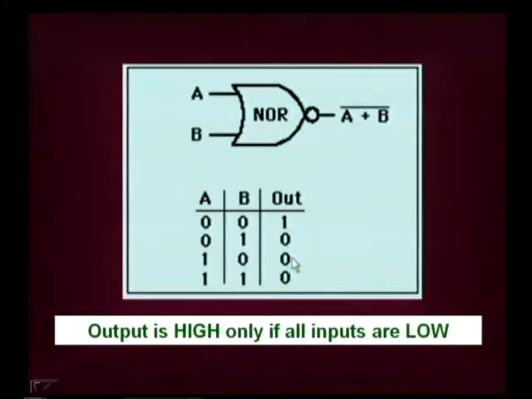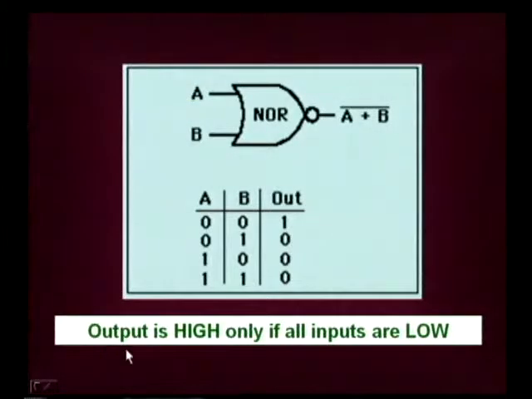In all the remaining cases, even if one of the inputs is high, the output goes low. So, in one sentence, we can say the property of NOR gate is that the output is high only if all inputs are low. In all the remaining cases, you can check the output is low. This is the truth table of NOR gate.